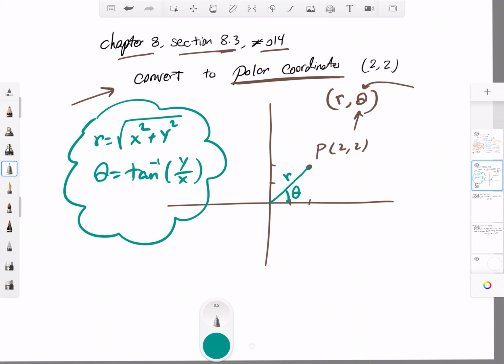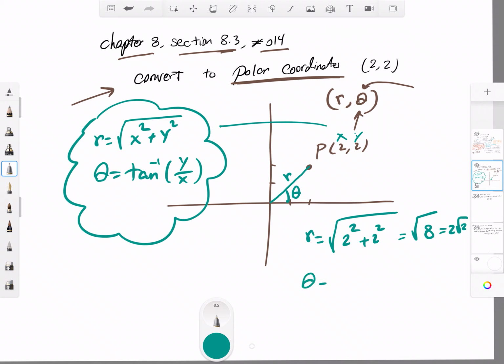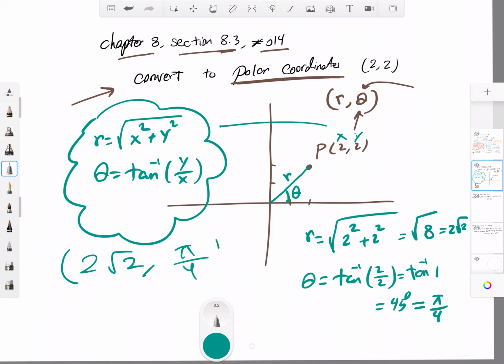If you substitute, r will be radical 2 squared plus 2 squared equal to radical 8, which is 2 root 2. And theta will be tangent inverse of 2 over 2, which is tangent inverse of 1 equal to 45 degrees. But you have to make this radians, which is pi over 4. So the final answer will be 2 root 2 comma pi over 4.